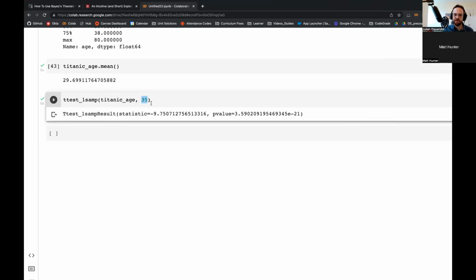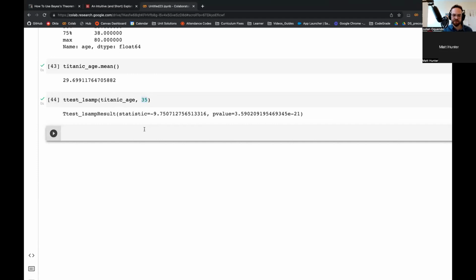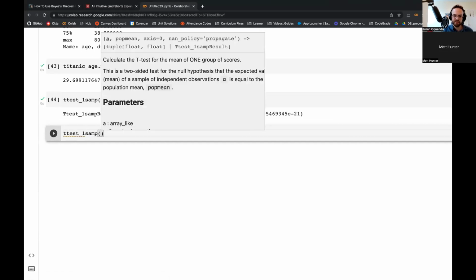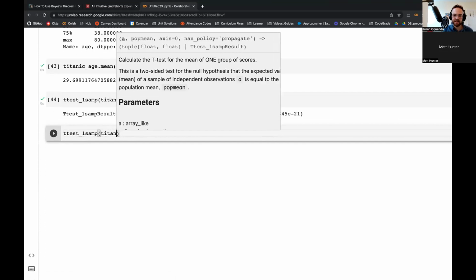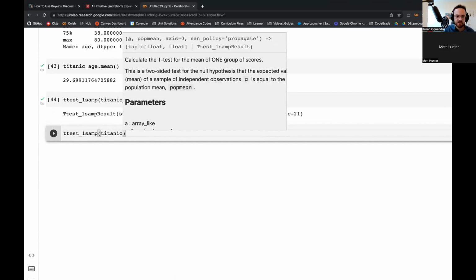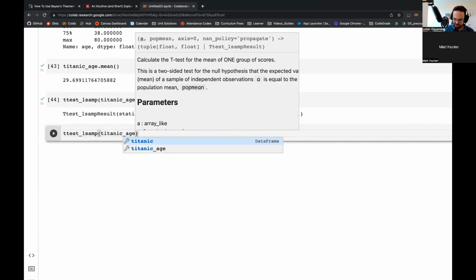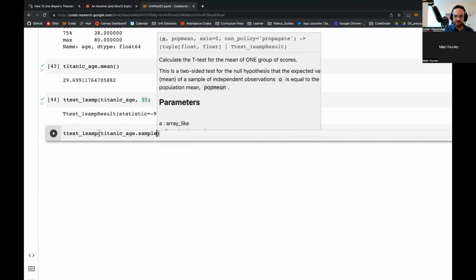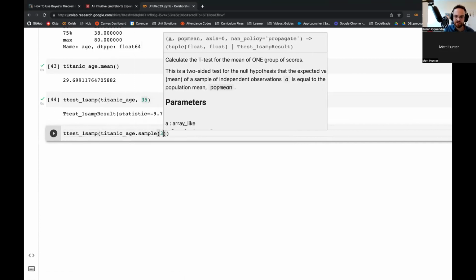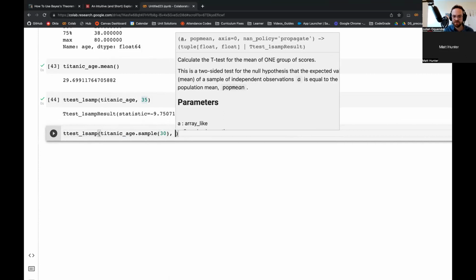If you were, for example, to take the same concept, say your t-test, one sample, fill it out. No? Okay, we don't want to fill it out. All right. Say that I want to take a sample of these values. So take note, I'm taking a sample of 30 values from this distribution.